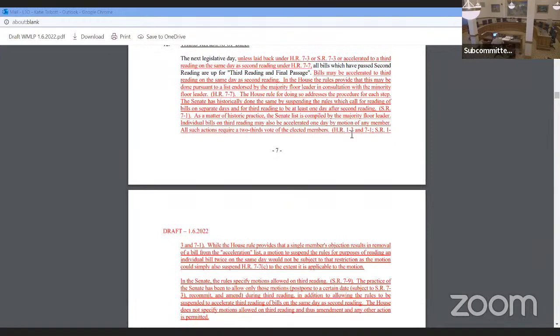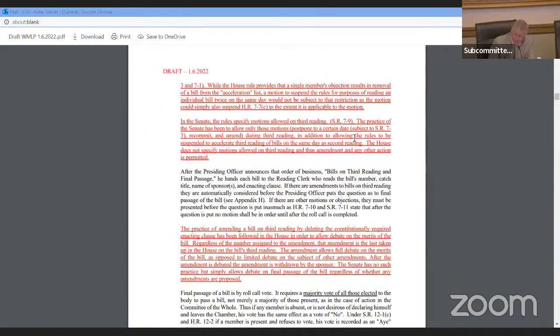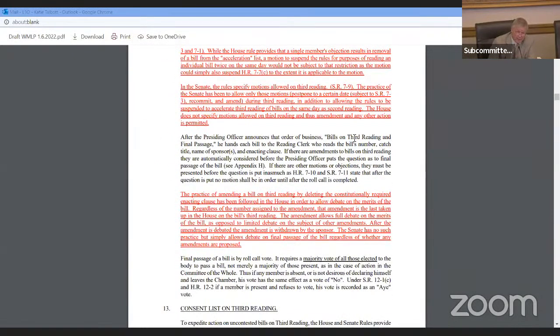I've talked about the delete the enacting clause, Mr. Chairman, and on page 8, the middle of the paragraph, it specifies how you handle that, and the House's practice has always been any bill that has a delete the enacting clause, regardless of where it is on the calendar, you move that to the bottom of the list and you take those bills up last on 3rd reading. And again, it puts in practice, Mr. Chairman, the last sentence of that paragraph.